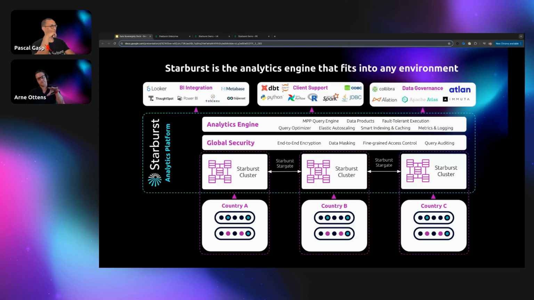So we will have Starburst in different regions, laid out here as countries, and then connect them through Starburst in order to achieve what we want: have the local capabilities, but also the global capabilities, without violating our different regulations. So with that said, let's jump into one of my Starburst clusters.